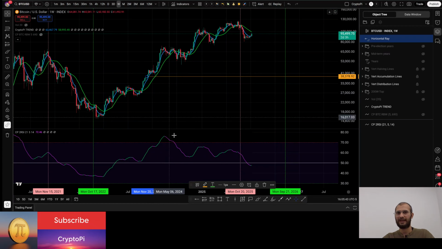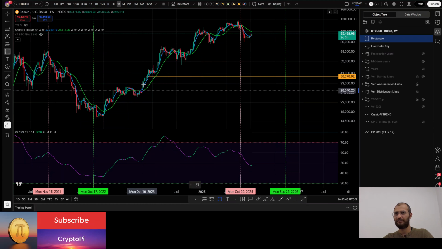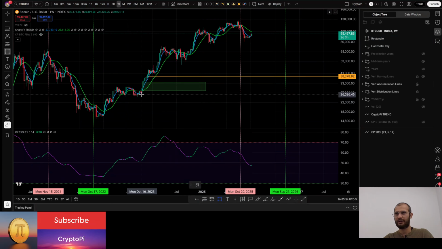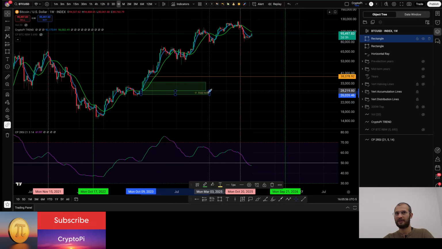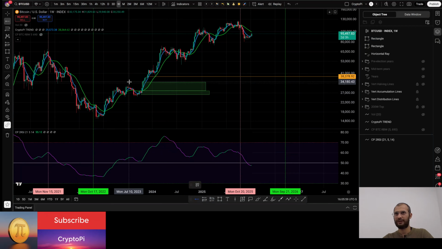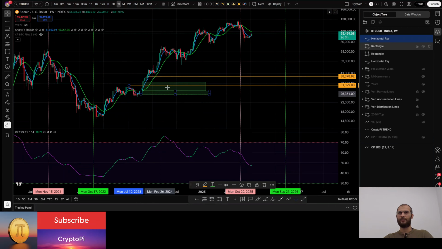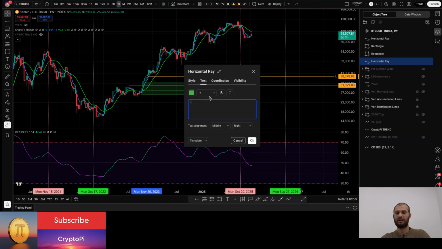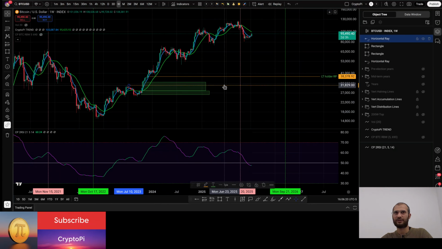If we are at 38,000, which is approximately here, 30,300, there is a fair value gap over here, an order block here, and a breakout structure over here. So the long-term holder realized price is at 38, right? Let's write it down. Long-term holder realized price. All right, and this is our breakout structure.